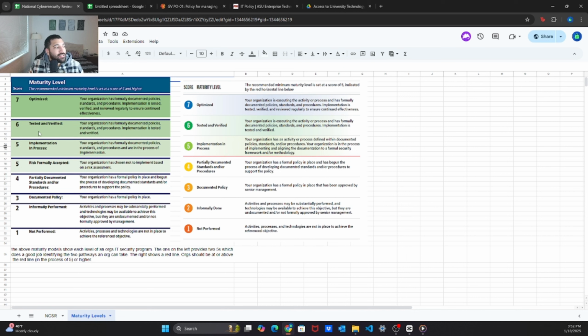Now, getting to 6 and 7, tested and verified. Like it says here on this side, documented policy, standards and procedures: your organization is in the process of implementing and aligning the documentation to a formal security framework and/or methodology. So you're aligning it to a framework, like for example CIS, and you're implementing those technical controls to account for the risks of maybe not having a formalized policy, standard or procedure.